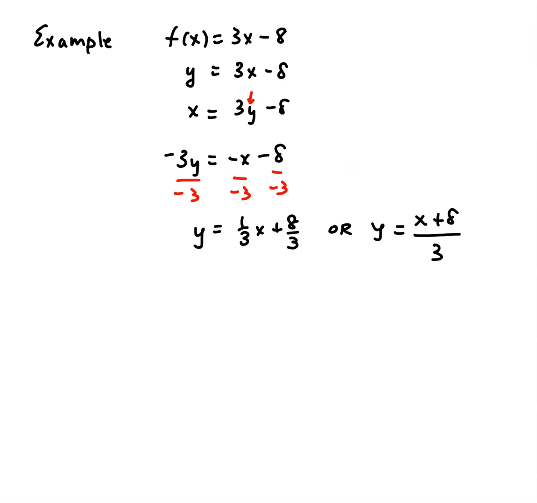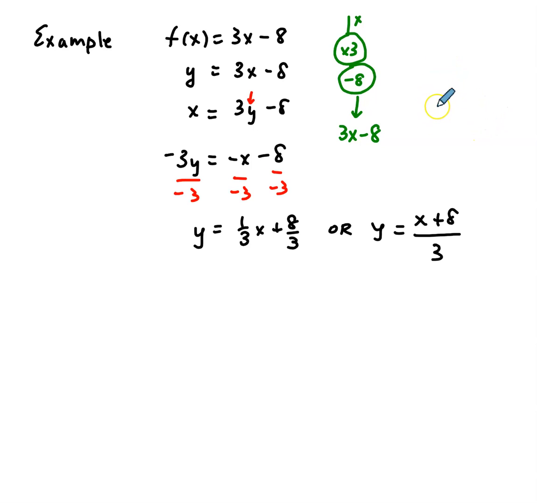Let's see if this works in terms of our mathematical operations. So when I move down, my x was multiplied by 3, and then 8 was subtracted, giving me 3x minus 8.